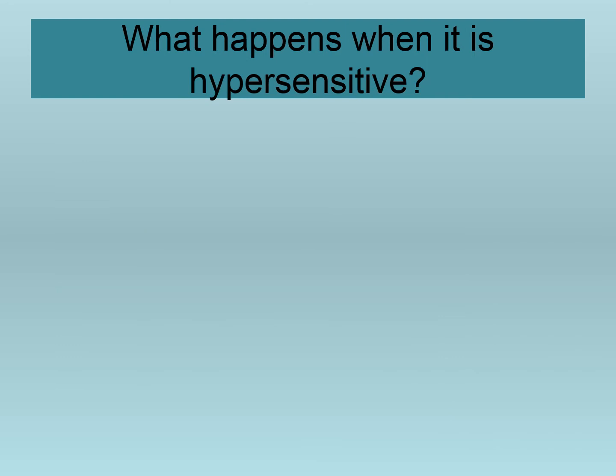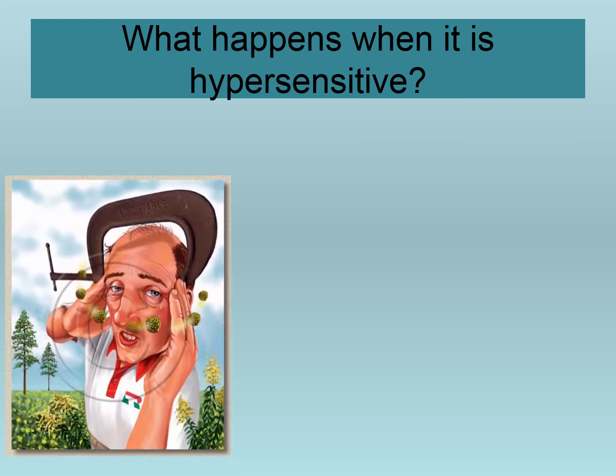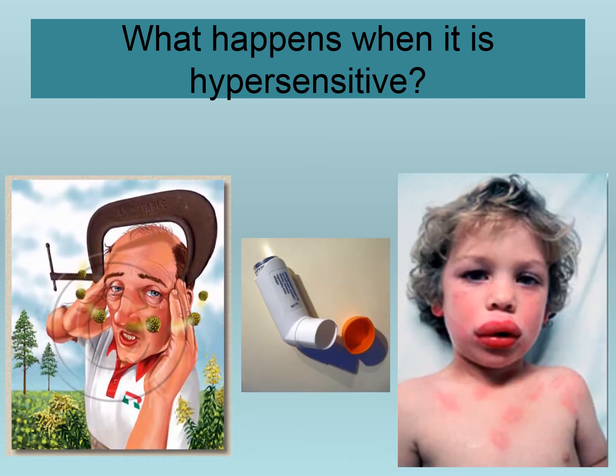Now let's see what happens when our immune system goes wrong. Sometimes the immune system checkpoint which differentiates between harmful and non-harmful stops functioning. In that case, the immune system responds to a seemingly harmless foreign substance such as pollens and leads to allergies.